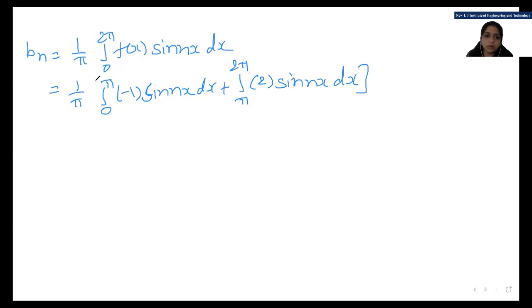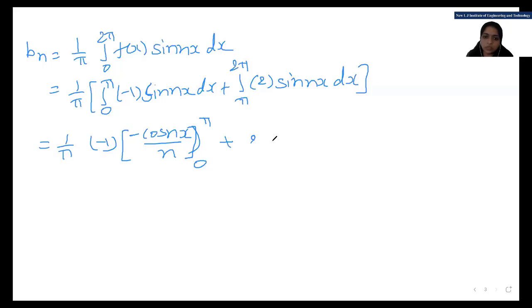Okay, now 1 by pi, this -1 is constant, and the integration of sin nx is minus cos nx upon n, and the limits are 0 to pi. 2 is constant, so integration of sin nx is minus cos nx upon n, here from pi to 2 pi.